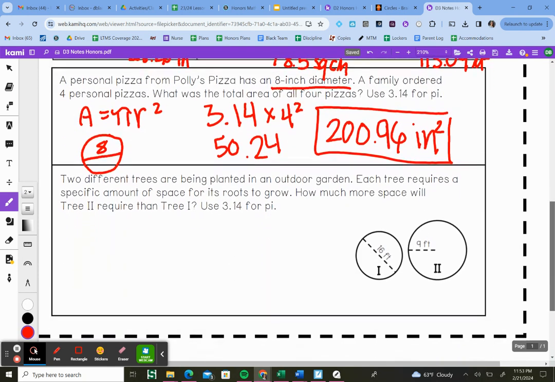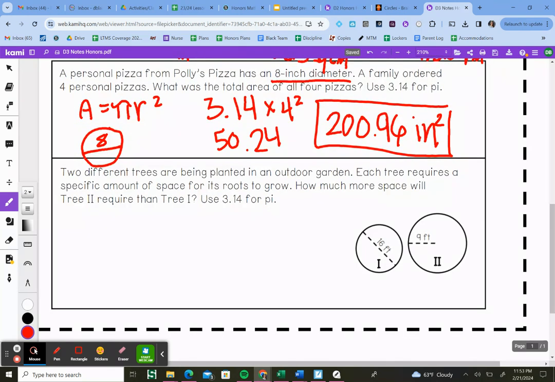All right, last one. 2 different trees are being planted in an outdoor garden. Each tree requires a specific amount of space for its roots to grow. How much more space will tree 2 require than tree 1? All right, this sounds like a subtraction problem. So let's see. Maybe I'll split this up.